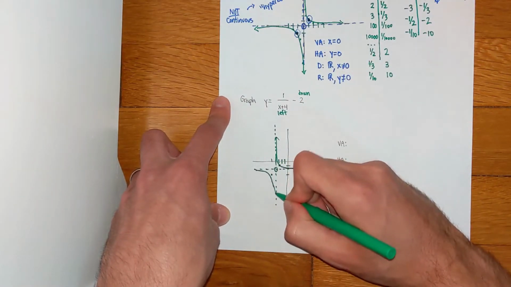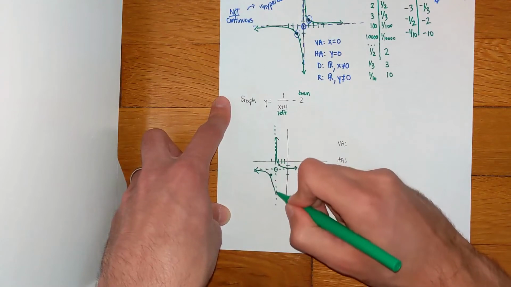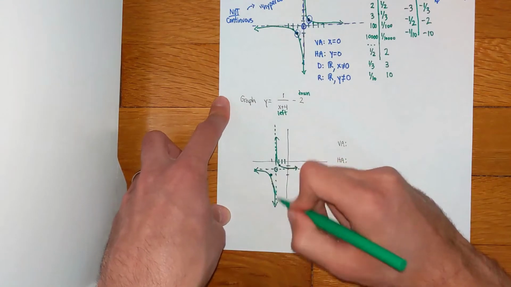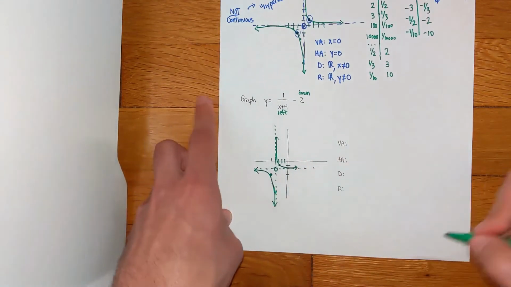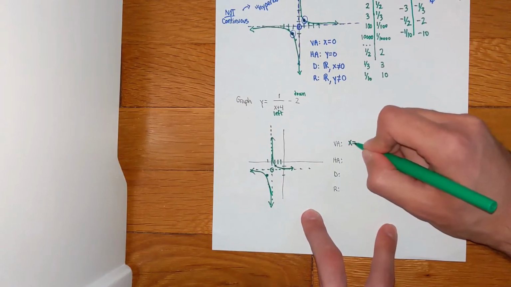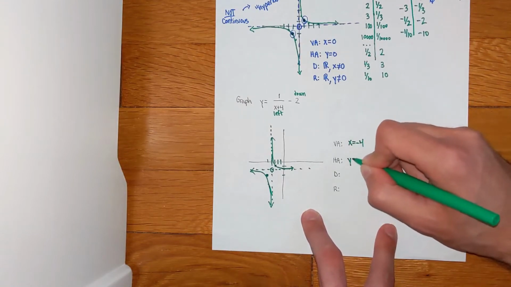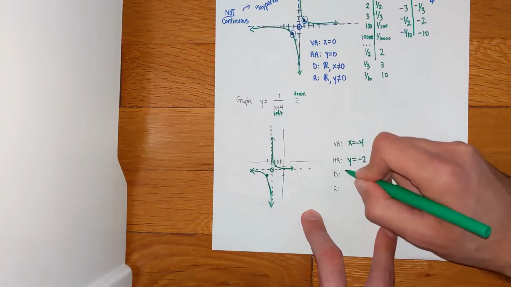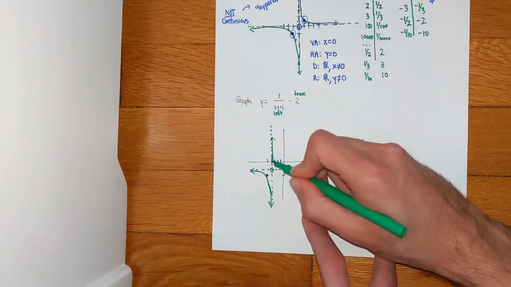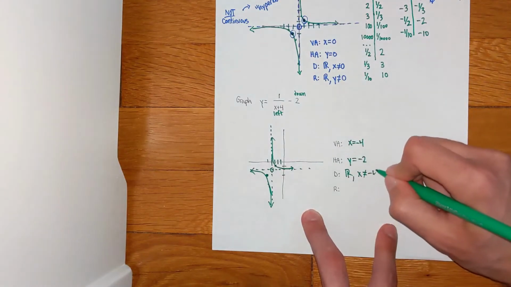Oops, totally missed my dot right there. But you draw your other part of the graph in the same fashion. So once you have your starter dots right there, you just draw the picture by where the dotted lines guide you. They're actually kind of easy after you learn how. Vertical asymptote is x equals negative 4. Horizontal, y equals negative 2. Domain is all real numbers, except it can't equal the number on the asymptote, which is a negative 4.